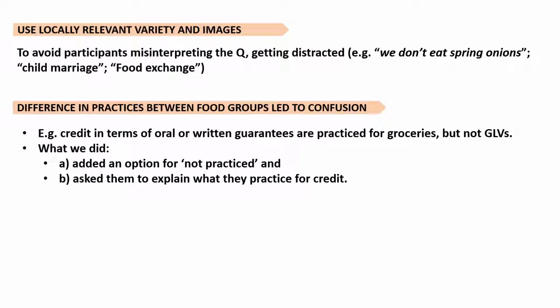That also caused some confusion, and people were not giving us appropriate answers. So what we have done to address this is to include an option for not practiced, and also ask them to explain for what items they do the credit. The focus group discussions that we conducted helped us to understand the local priorities and preferences, which has now been incorporated into the questionnaire.